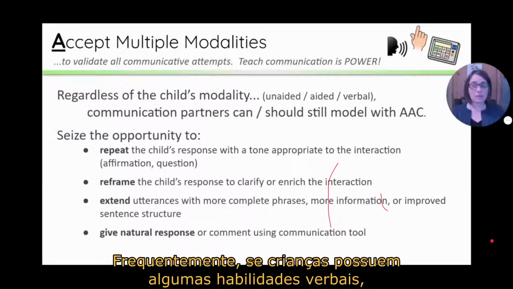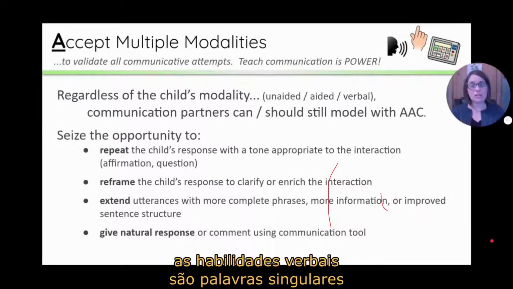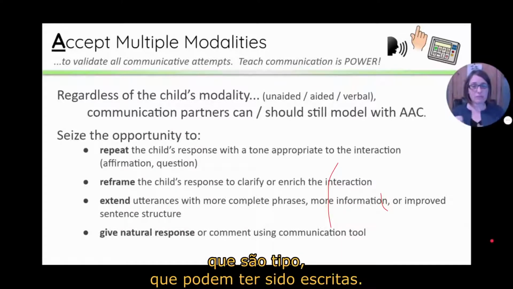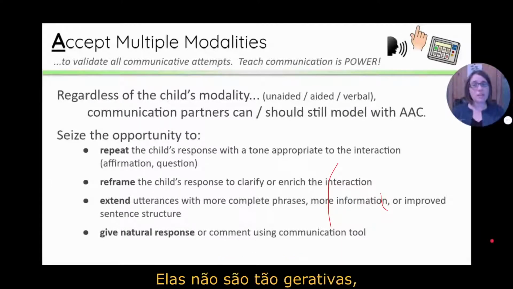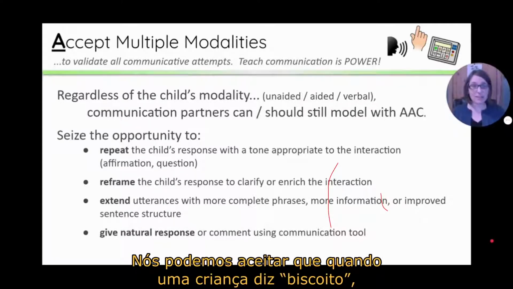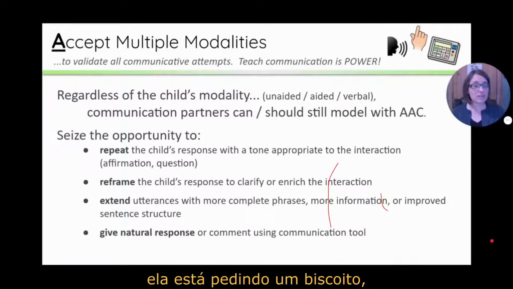Oftentimes, if kids have some verbal skills, their verbal skills are single words or things that they've heard over and over that might be rote, and they're not very generative, or they're not extending their language and their utterance length. So we can accept it when a child says cookie, that they're requesting a cookie.